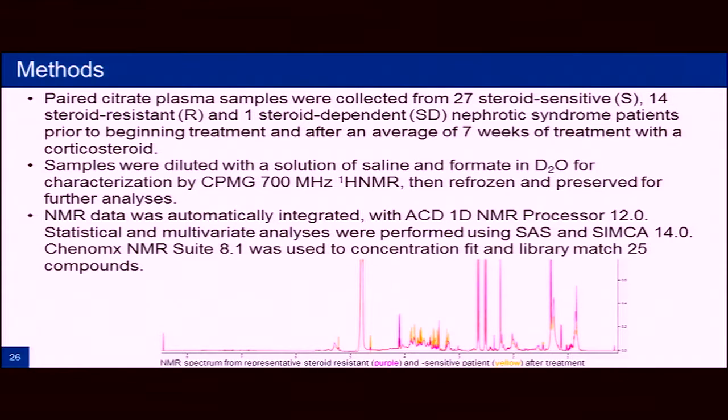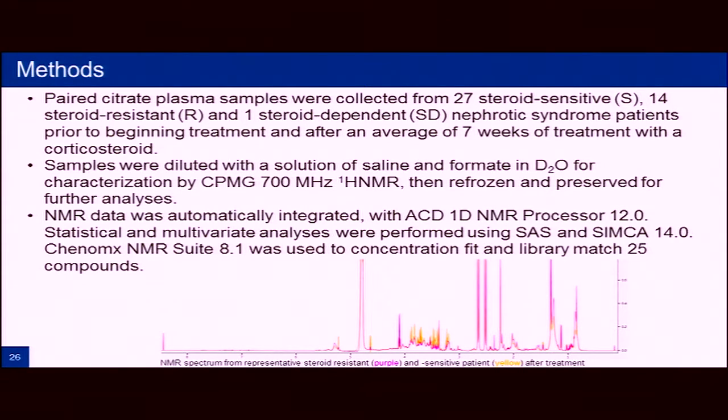A lot of the data you're going to see is what we call binned data, and that refers to the integration of small sections of the spectrum. We generally break this type of spectrum up into about 200 different segments. So it's a combined spectrum that doesn't necessarily refer to one metabolite by itself, but to several.